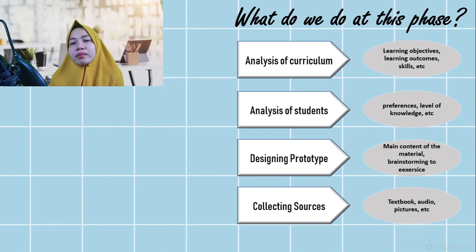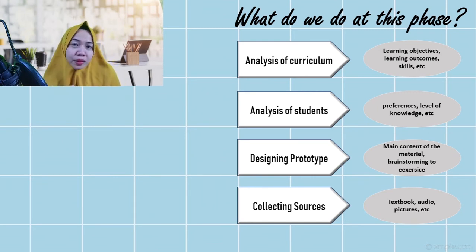The next phase is designing the prototype. After you know the learning objectives and learning outcomes of the curriculum, and you already know the conditions of your students, next you will design the prototype.